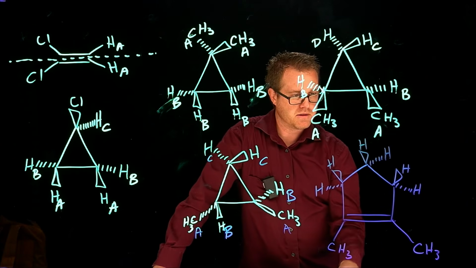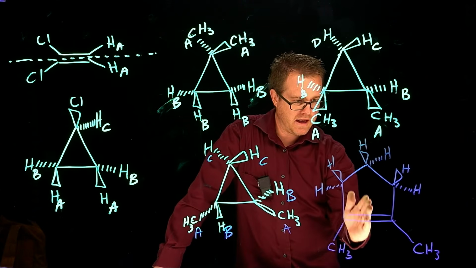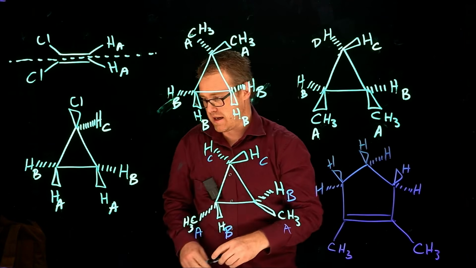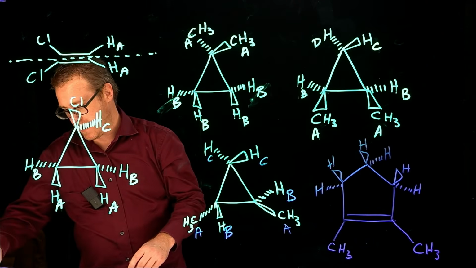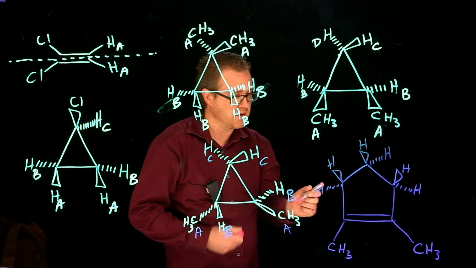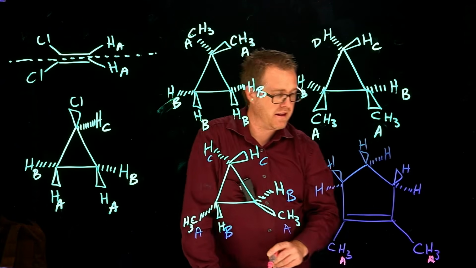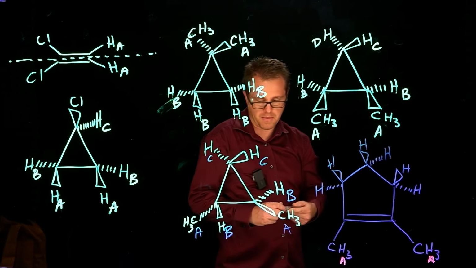So the two methyls, you will see that there is an axis of rotation right here, making those guys homotopic and equivalent. A and A, those are homotopic to one another.